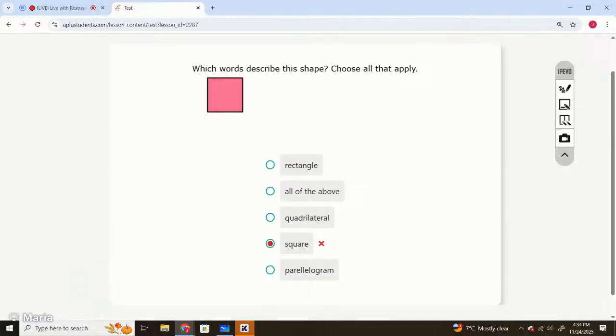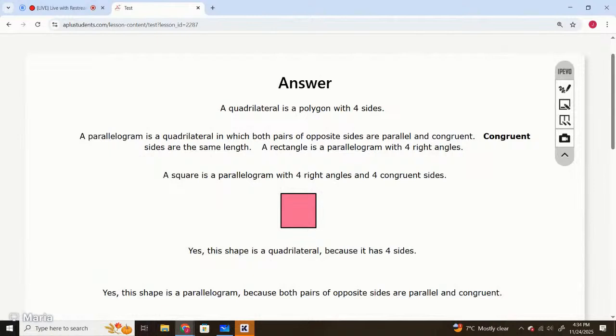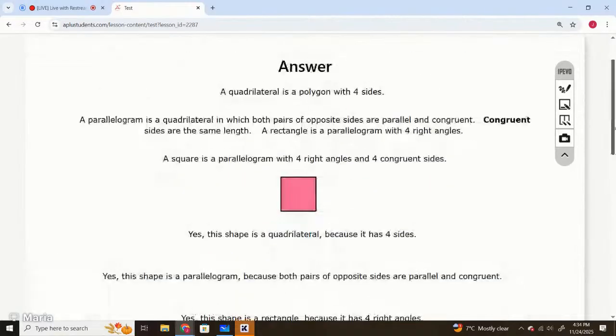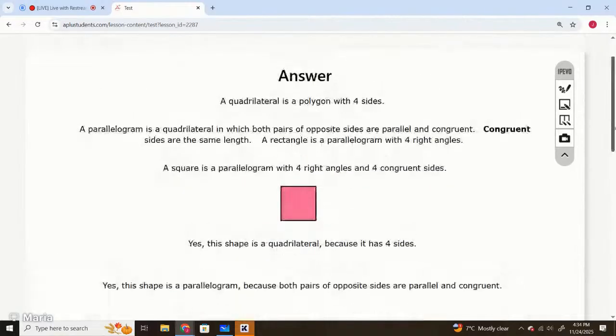All four sides are equal in measurement, so that is a quadrilateral. Wait, all of the above. See how a parallelogram is a quadrilateral. A parallelogram is a quadrilateral in which both pairs of opposite sides are parallel and congruent. Congruent sides are the same length.